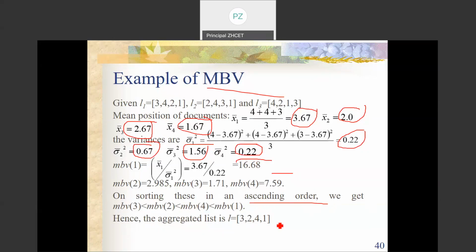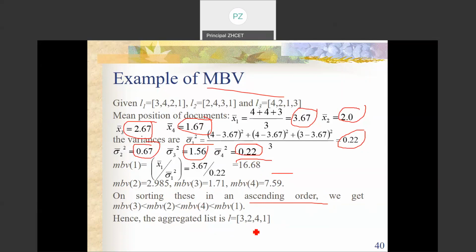Which has a lower mean by variance value will have an earlier position, right? MBV1 is 16.68, MBV2 is 2.985, then 1.71, 7.5.